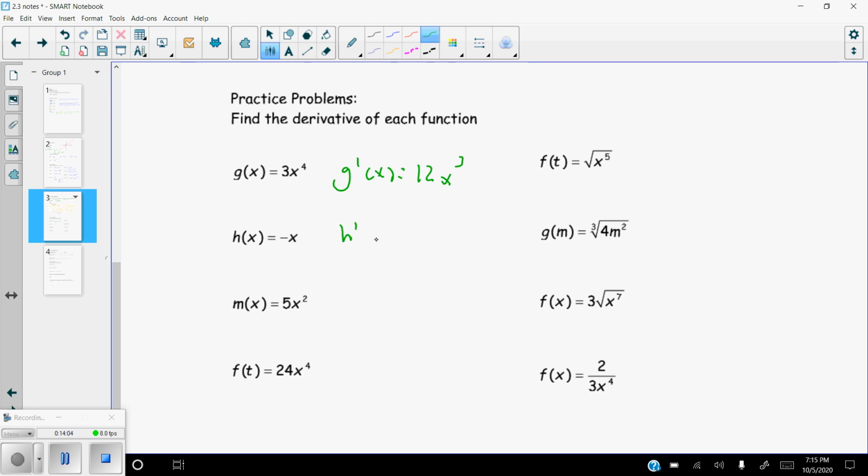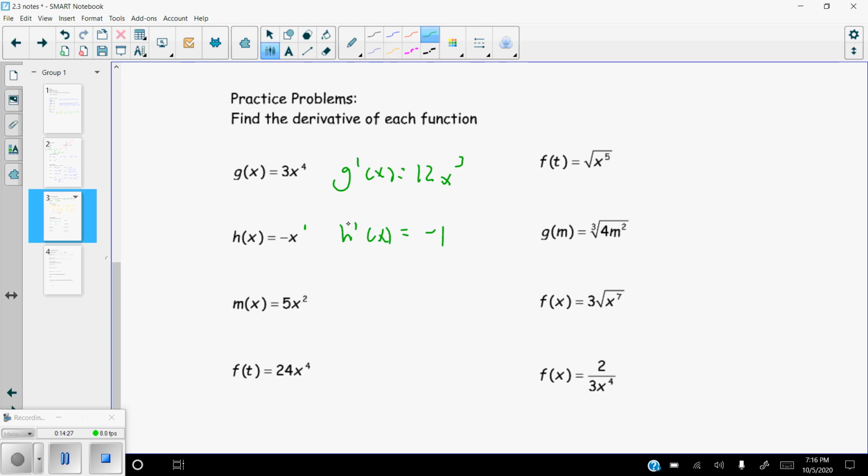The derivative of h prime of x. Technically, this is to the first power. We don't usually write that, but that's what it is. If you bring the 1 out to the front and multiply it, you get a negative 1. If you reduce the power by 1, remember that the derivative of x, by the way, is 1, and that's because 1 minus 1 would give you a 0 exponent.